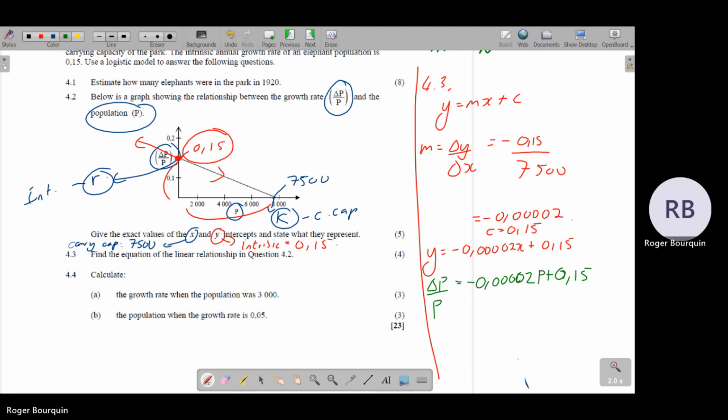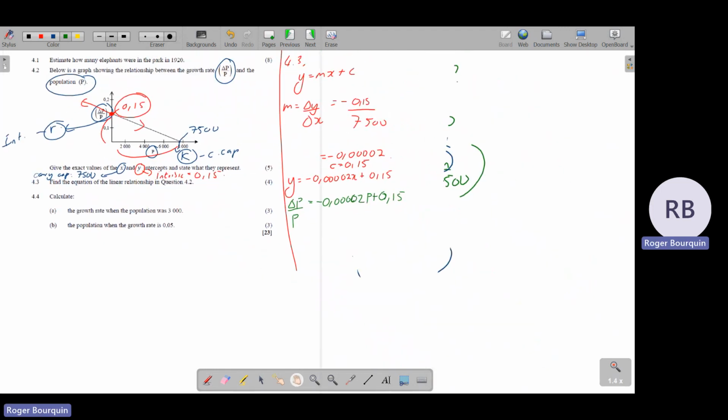Next question. Okay, now we're going to just use that formula. And it says for 4.4, what is the growth rate? In other words, what is delta P over P when the population was 3,000? What are we simply going to do? You're just going to sub in 3,000 into that formula.